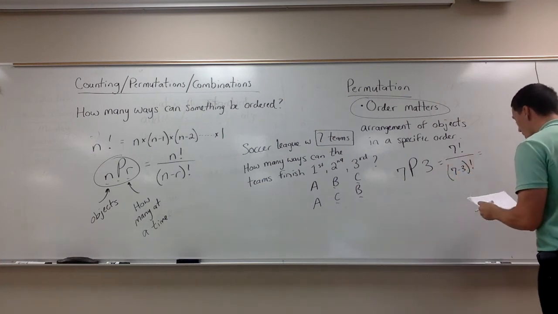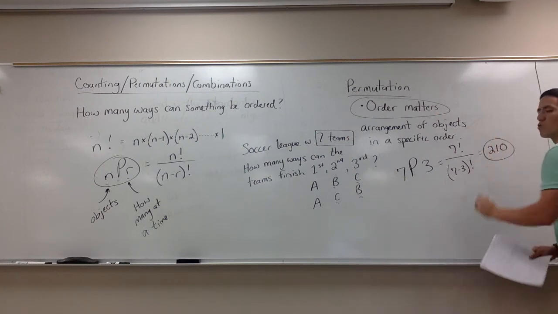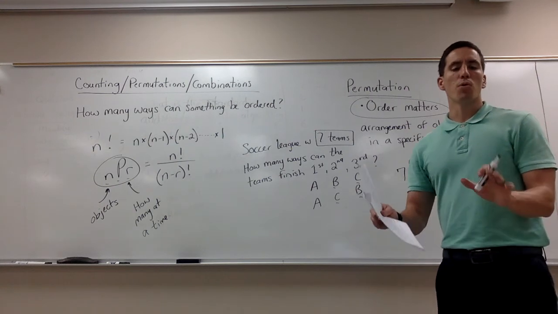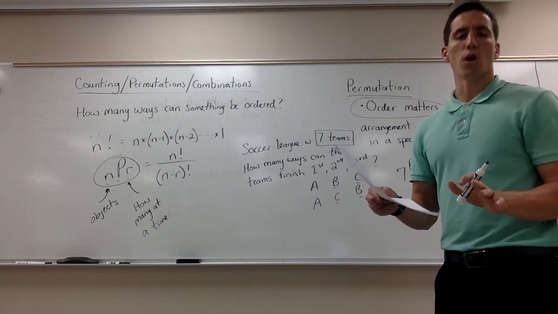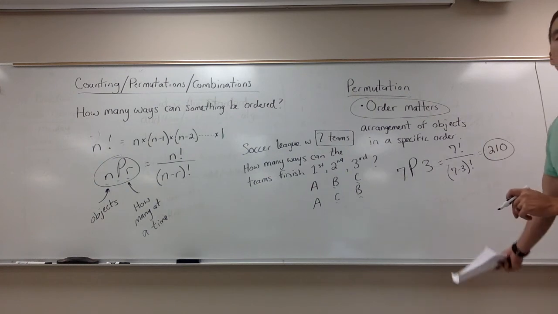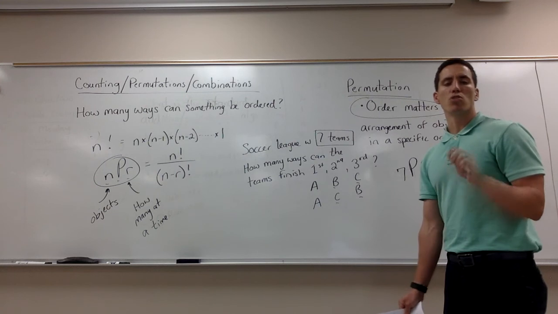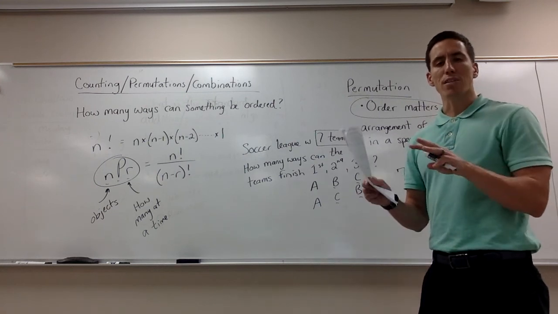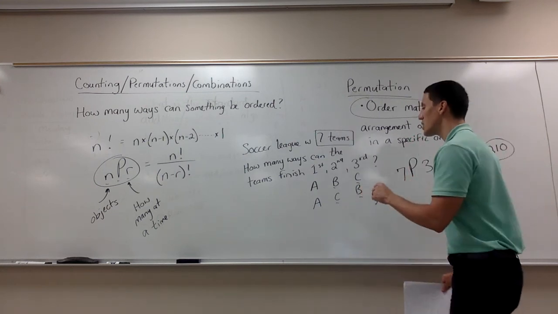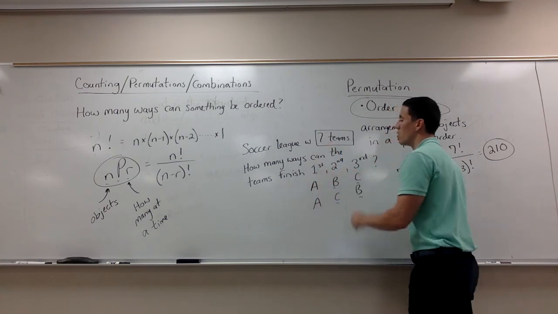And we could calculate that all out, and we would find out that the answer is 210. Now, before we end this video, I just want to make sure that we're on the same page in analyzing this solution. 210, in the context of this problem, would indicate that there are 210 possible different ways that the 7 teams could finish first, second, and third.